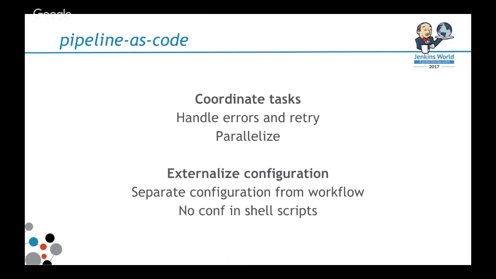And also we had a separate configuration that configured different variables for environments and so on. So we had no configuration in our shell scripts. The pipeline as code was mostly to configure the shell scripts and coordinate the tasks and parallelize the tasks.